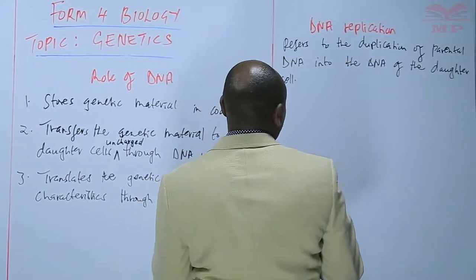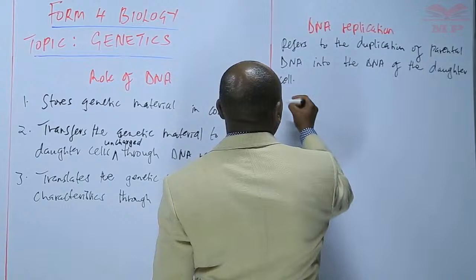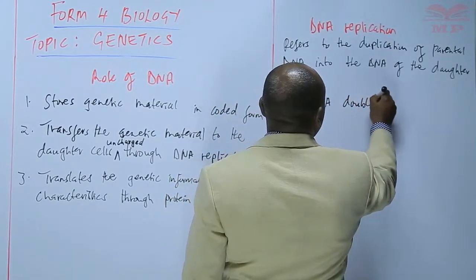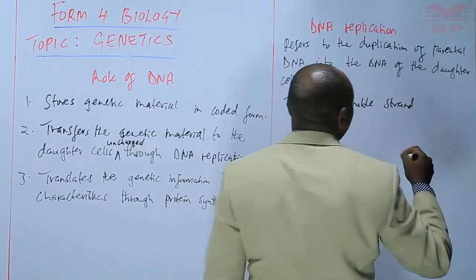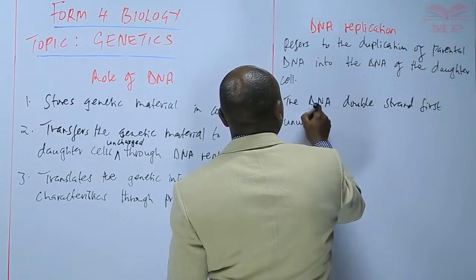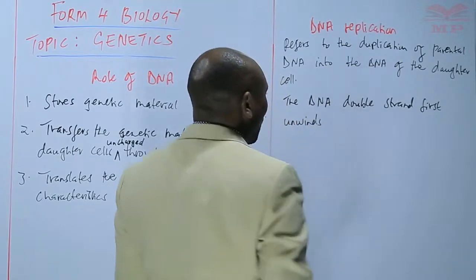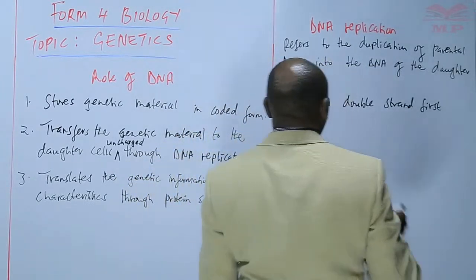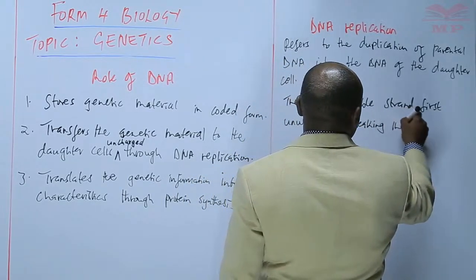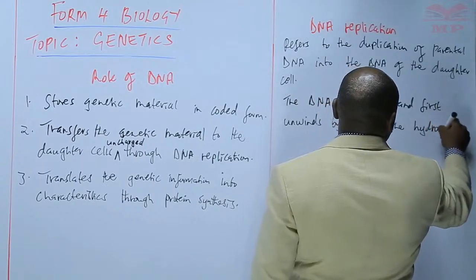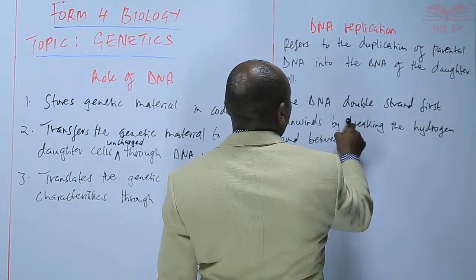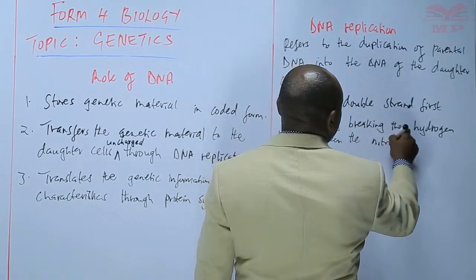So the process of DNA replication, first of all, the DNA double strand first unwinds or untwists by breaking the hydrogen bonds between the nitrogen bases.